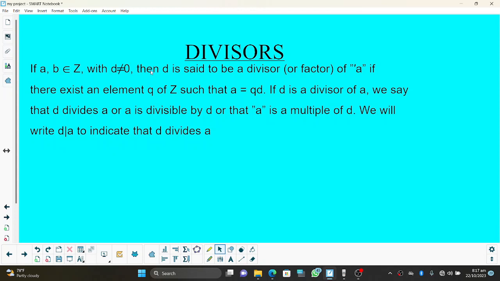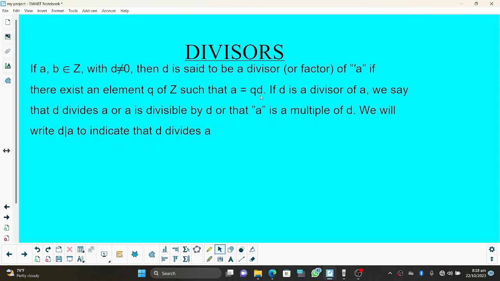Obviously if d is equal to 0, we can't divide any number. Then there exists an element q of Z such that a equals qd. If d is a divisor of a, we say that d divides a, or a is divisible by d.